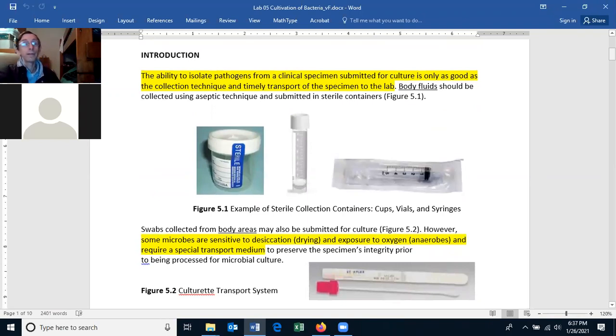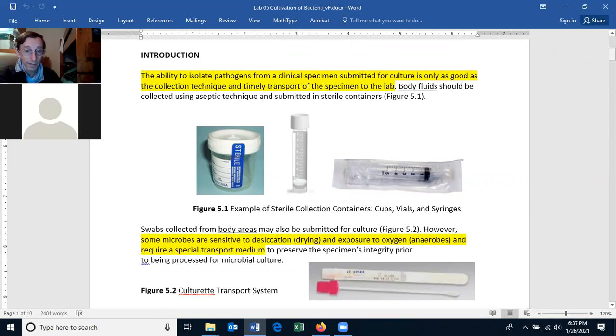So in the introduction, the ability to isolate pathogens from a clinical specimen submitted for culture is only as good as the collection technique and the timely transport of the specimen to the lab.